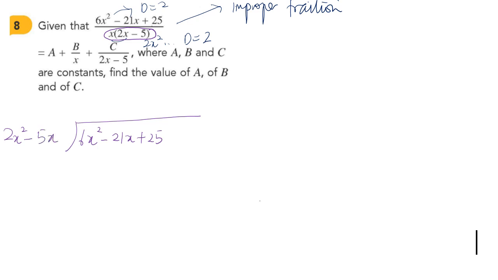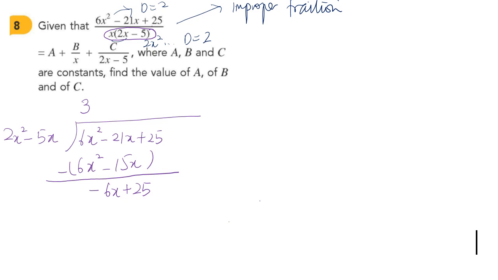That will be our divisor. Multiply by 3 will give you 6x squared minus 15x. That will give me negative 6x plus 25.